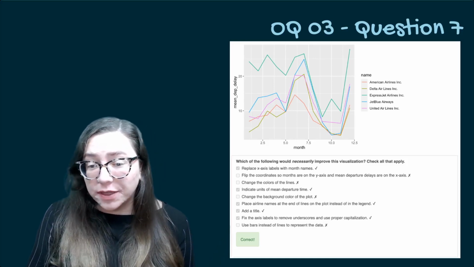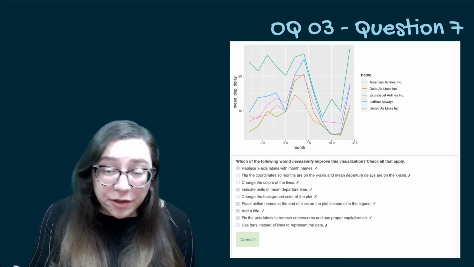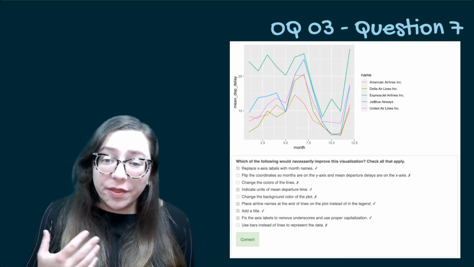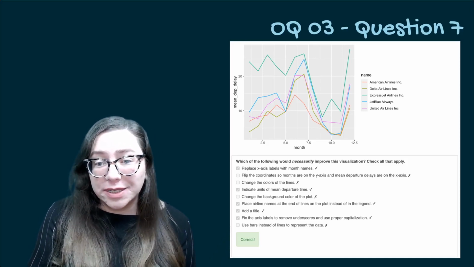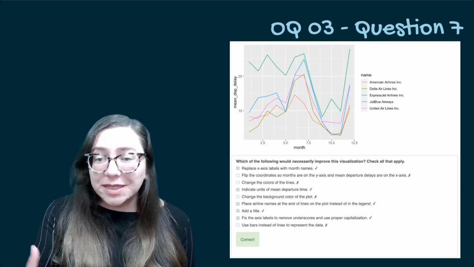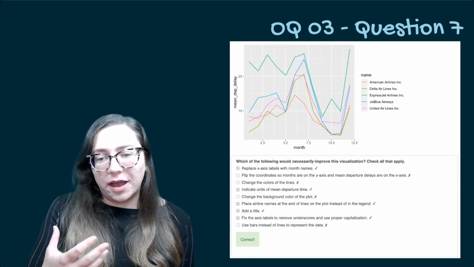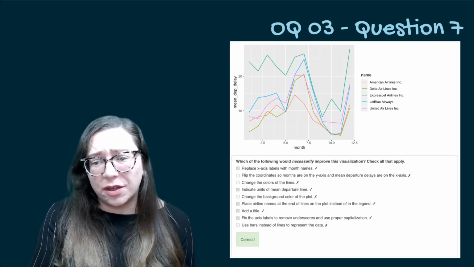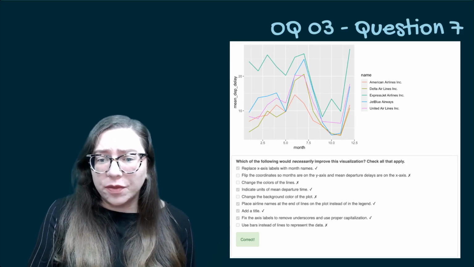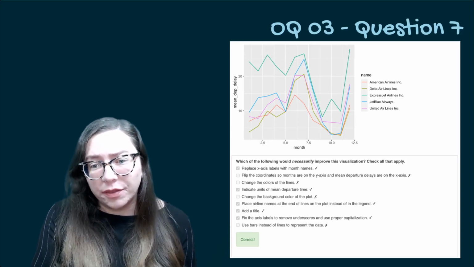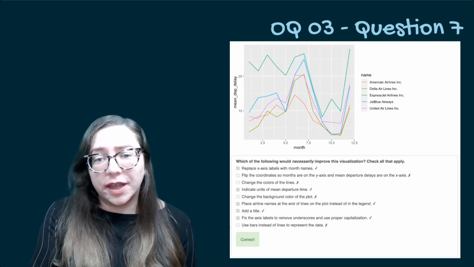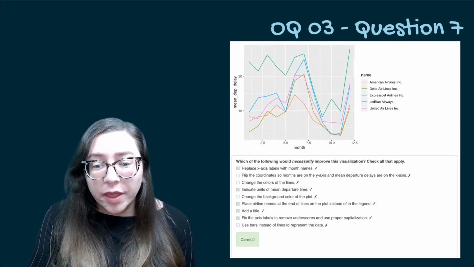Changing the colors of the lines, maybe they could be made better, easier to distinguish, but this would not necessarily improve this visualization since the colors of the lines is not something that we're focusing on here, but more looking at how there's a dip around the month of October, so the 10th month, for almost all of the airlines for mean departure delay.